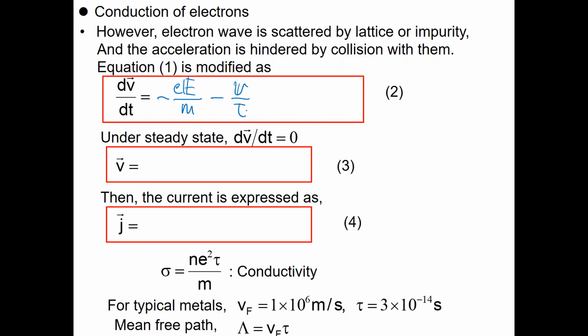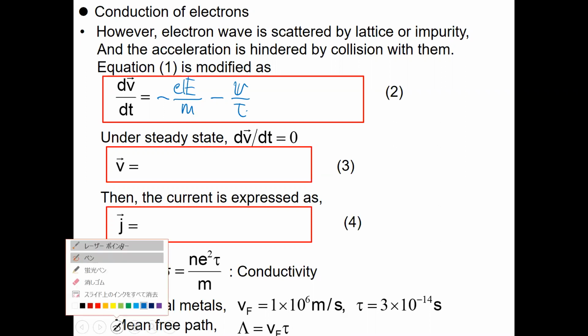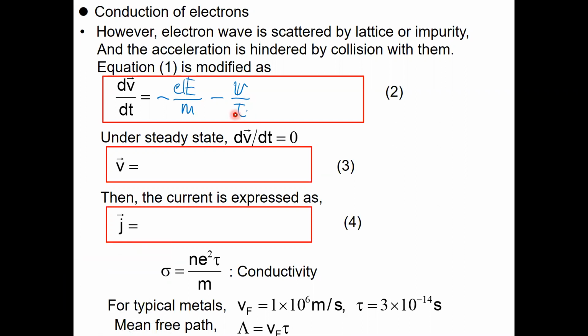So this is a deceleration term. So every average time of tau, the velocity is decreased. Oh, by the way, this is a negative, but since this is the electron case, a positive force is considered.